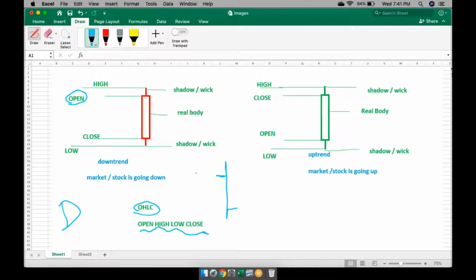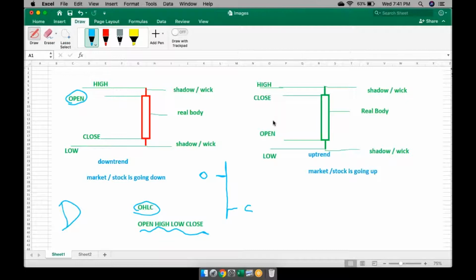Is it a red candle or a green candle? Open, close. I'll not mark high and low, because high will always be on the top, low will always be on the bottom. So it's a red candle. Whoever said it's a green candle, please correct yourself.